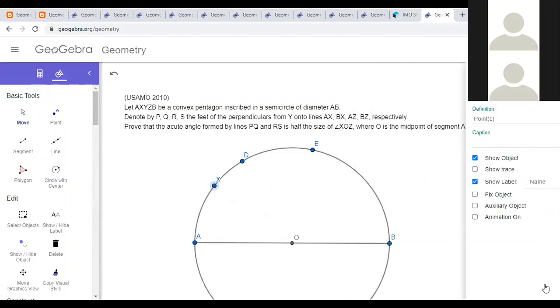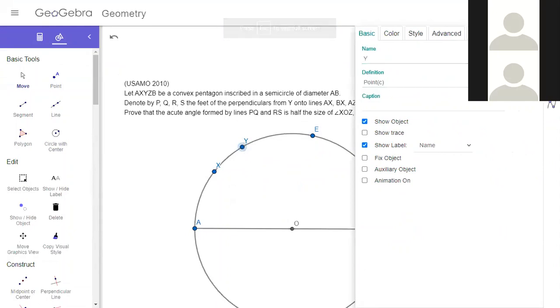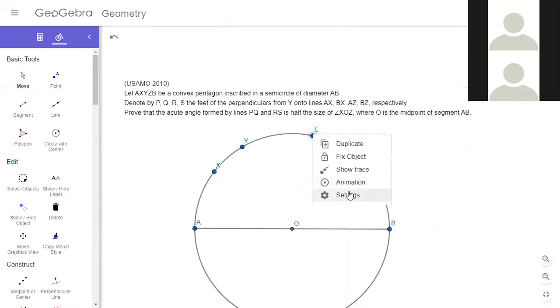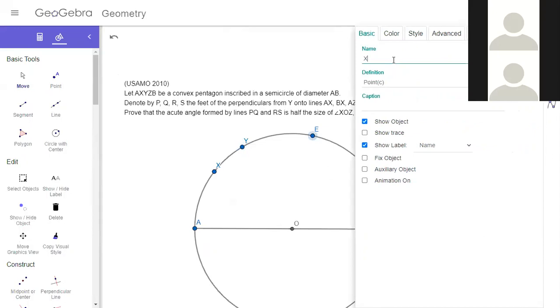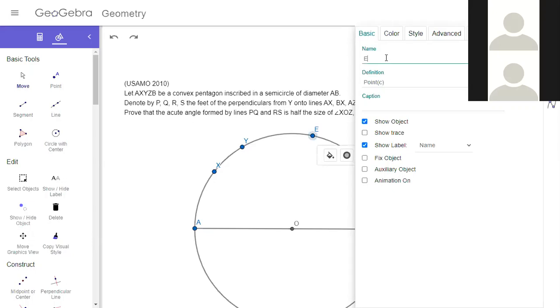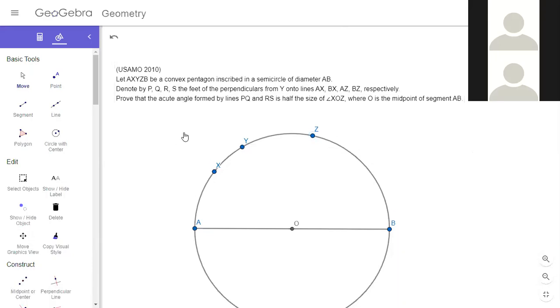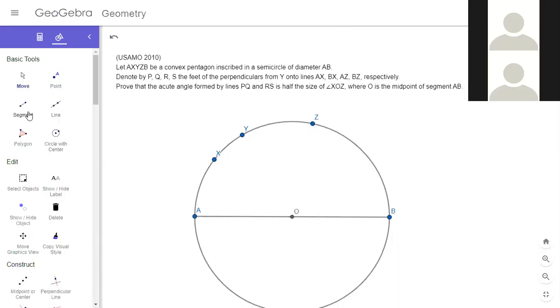Let me maximize. P, Q, R, and S are the projections of Y onto AX, BX, AZ, and BZ.